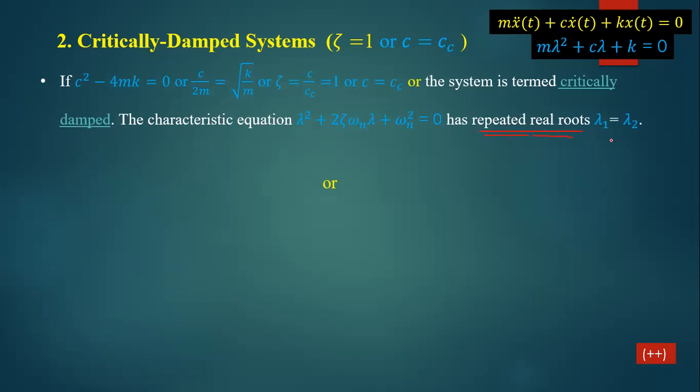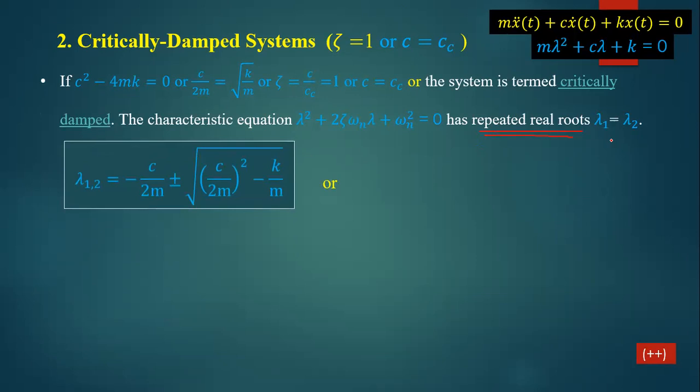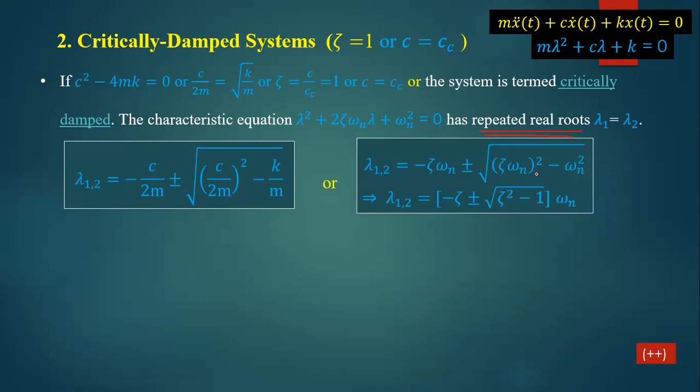Such cases are special cases in mathematics, so for such a case we have different solutions. Lambda 1, 2 is minus c over 2m plus or minus radical of c over 2m squared minus k over m, or in the special form we can represent it like this. So lambda 1 and 2 are all the same.